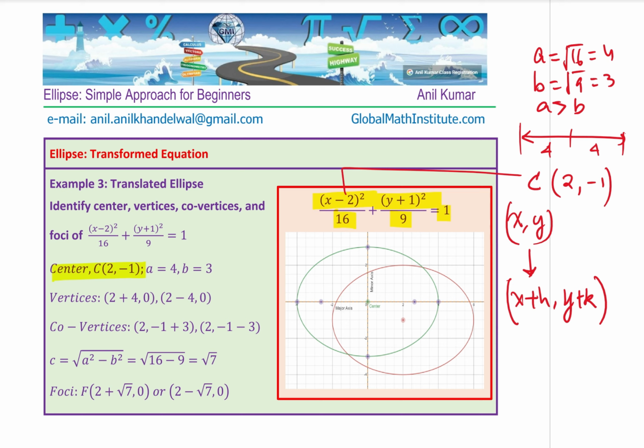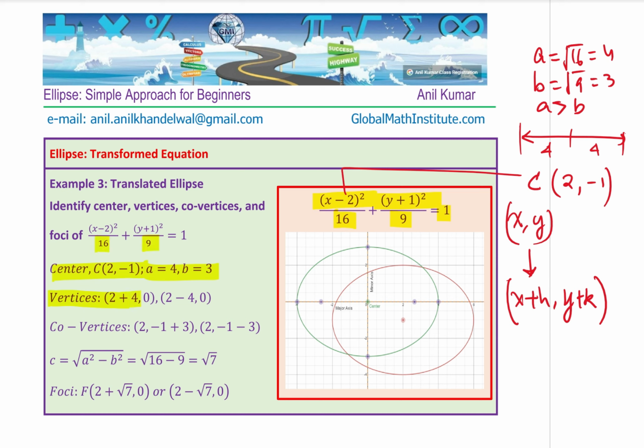The values of a and b, as we just calculated, are 4 and 3. We also see that a is greater than b, and therefore the major axis is along the x-axis. The vertices will lie on this, and the co-vertices on the vertical. Right. So as far as the vertices are concerned, we will add the translation factor to the 4.